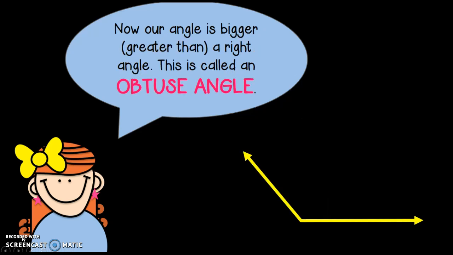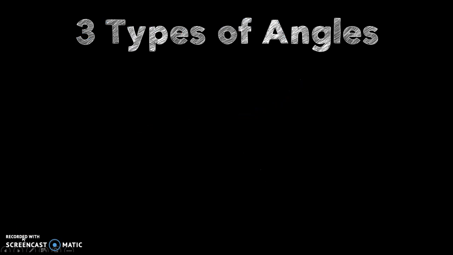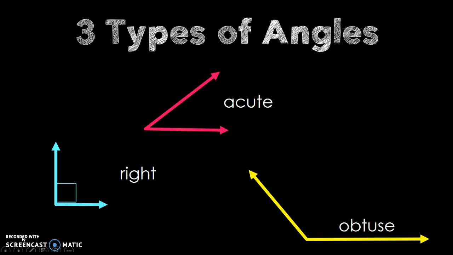Now our angle is bigger or greater than a right angle, and this is called an obtuse angle. So today we learned about 3 different types of angles. The three types of angles are acute, right, and obtuse.